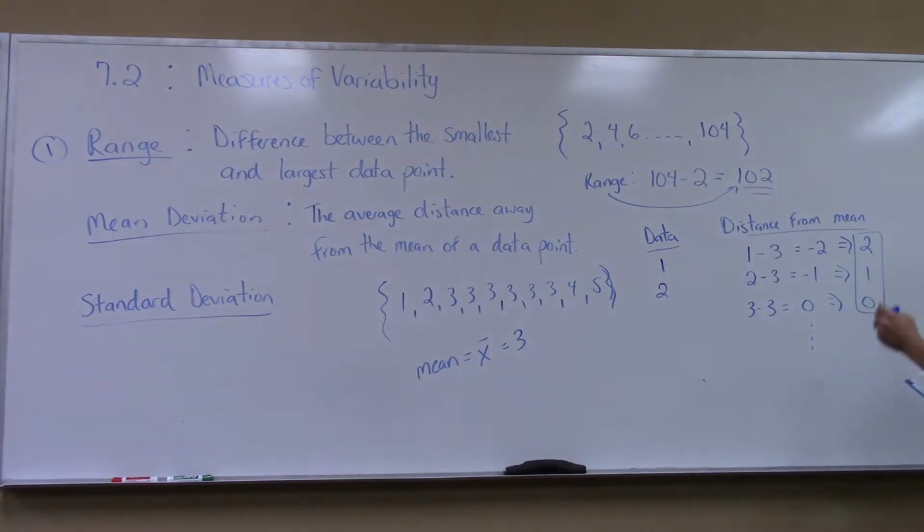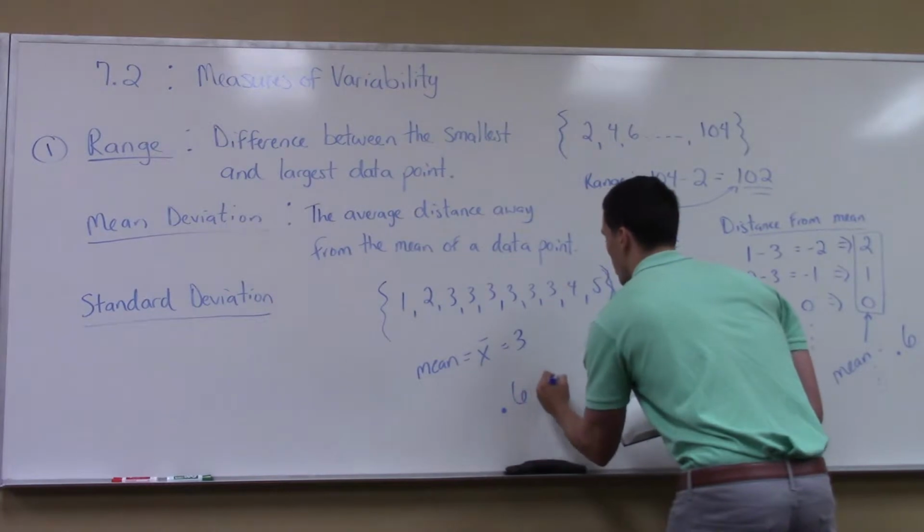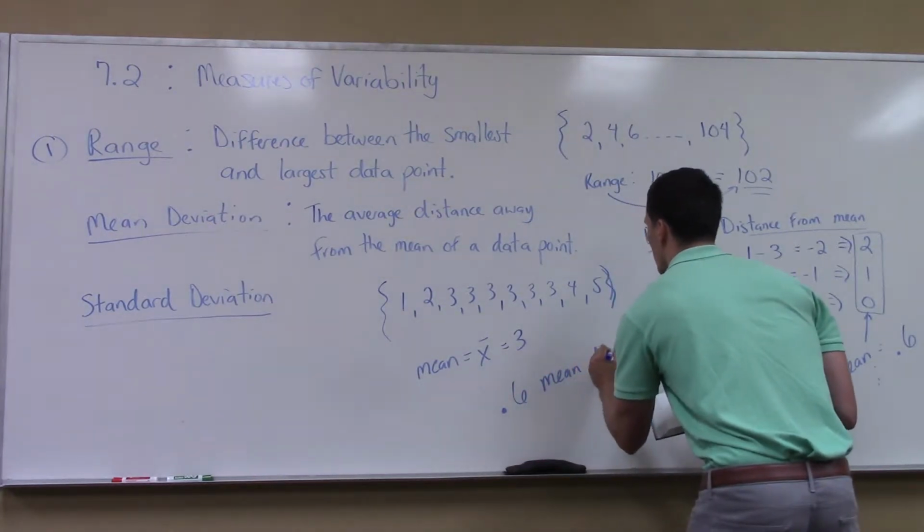So they're going to take the mean, or the mathematical average, of all of these numbers, and that mean of all of these actually ends up being 0.6, and 0.6 is the mean deviation.